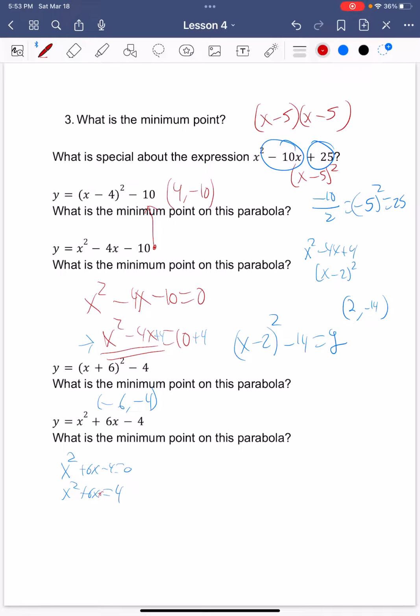So if we add 9 to both sides, the left side factors nicely into x plus 3 squared, and the right side is 13. Subtract 13 over, and set it back equal to y.